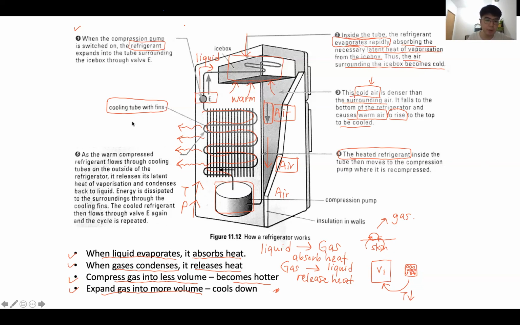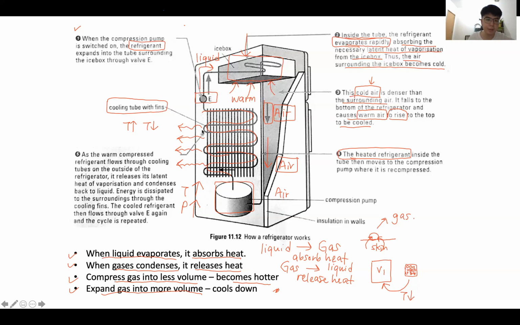Remember, heat flows from high temperature to low temperature. So I compress the gas so that it becomes hot. When it flows through the cooling coil, it releases the heat to the cooler air in the surrounding. So I can throw the heat out.